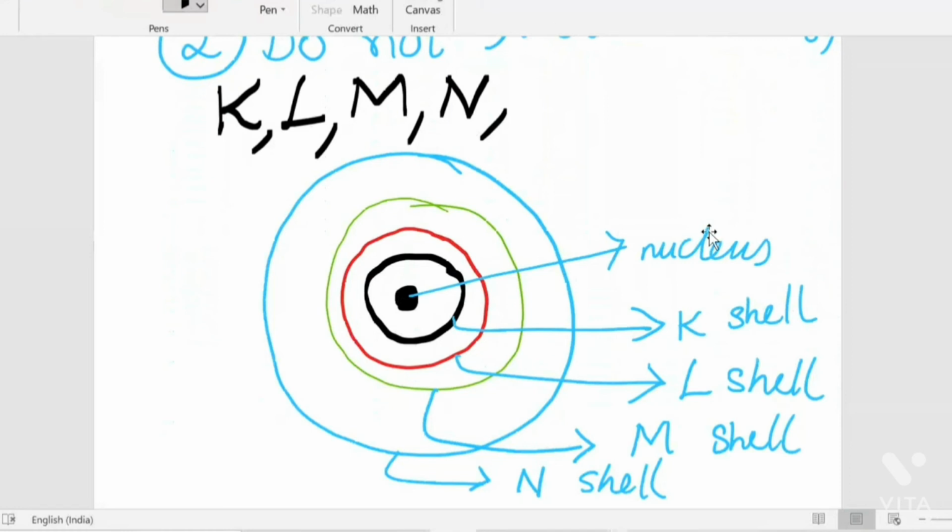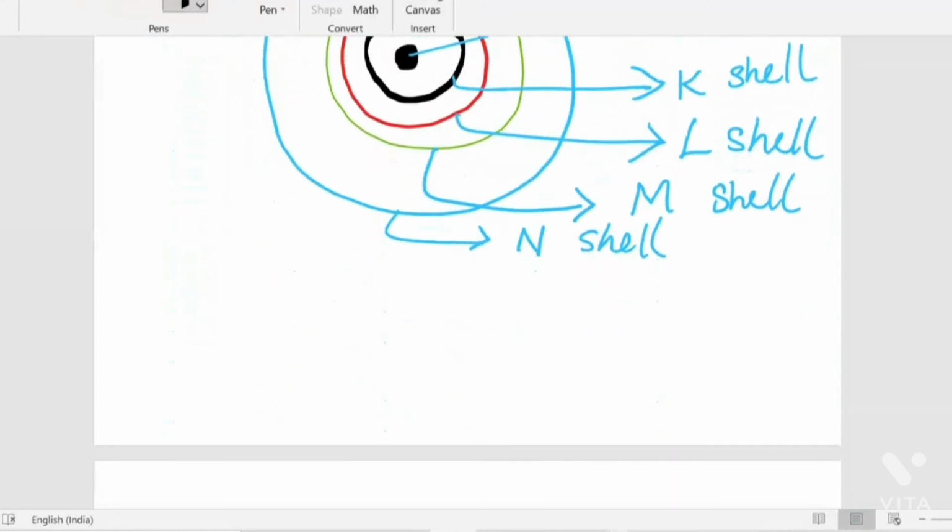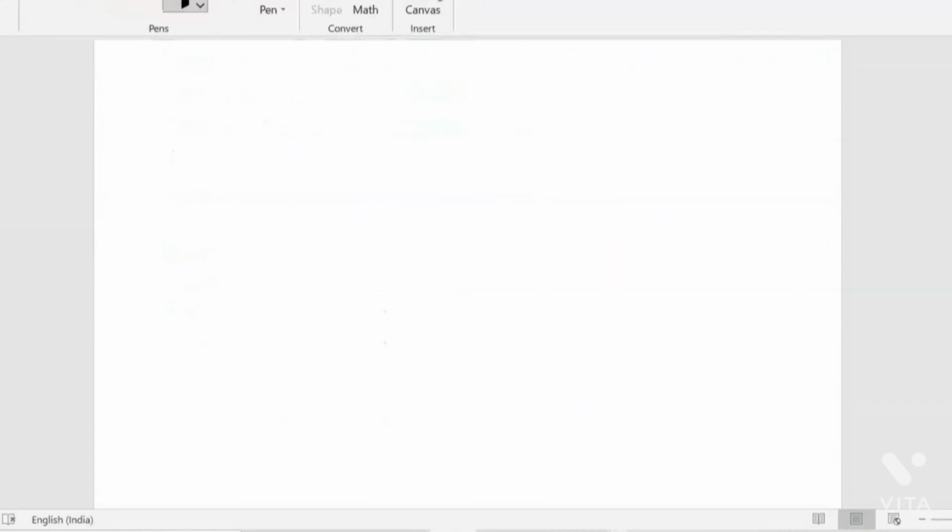Here we have to follow a formula to distribute electrons. The formula is 2n square.